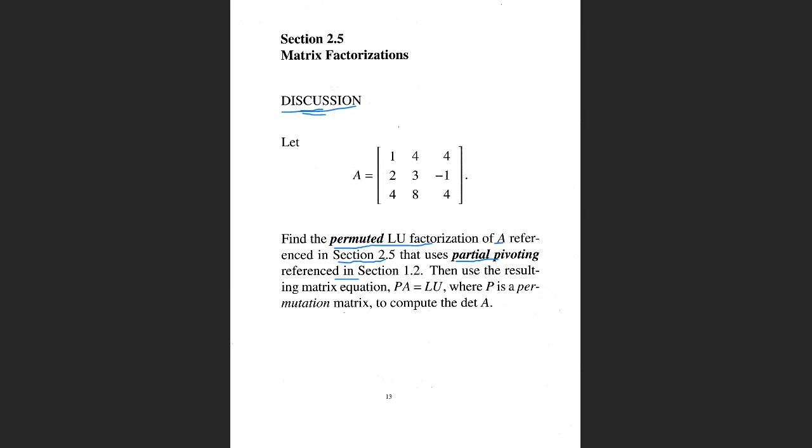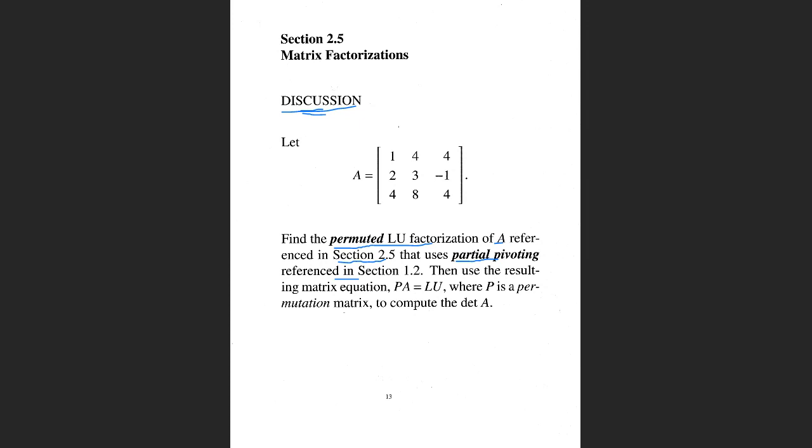Partial pivoting is where you use the largest number in a column to produce zeros in the other entries in the column. As humans we often use the smallest number as a pivot, but computers will use the largest number as a pivot.